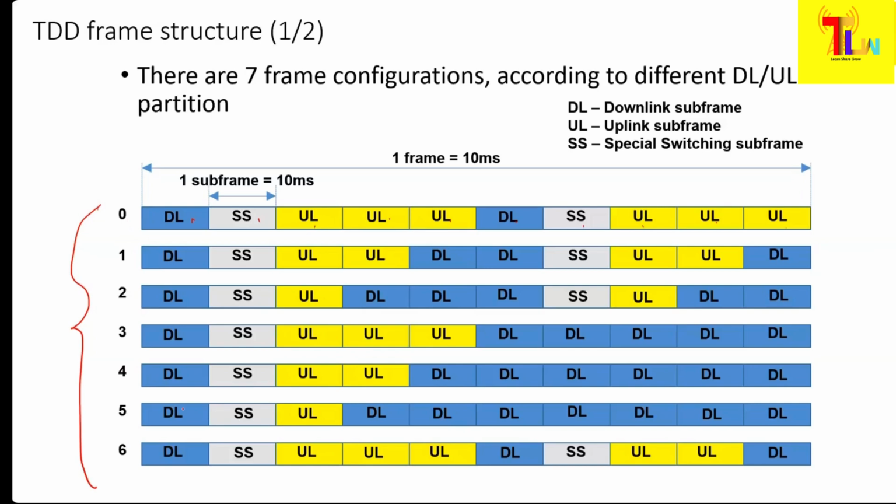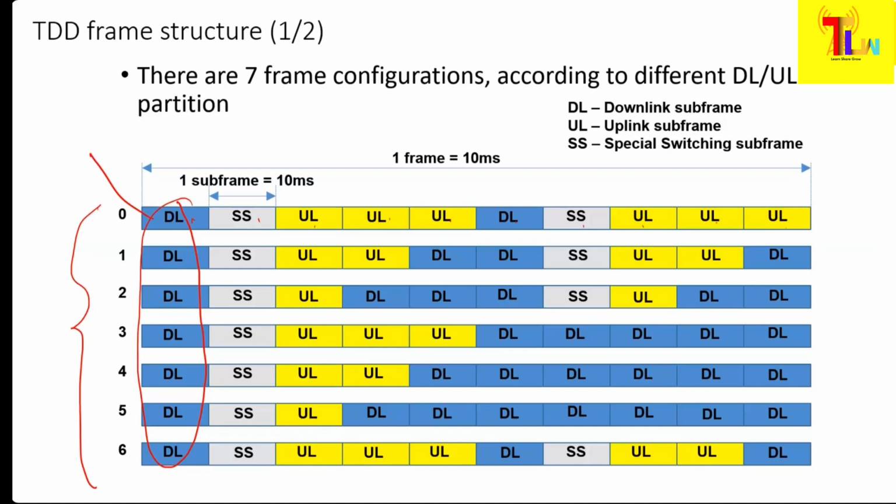First of all, the first subframe will always be downlink. The reason behind it is that without receiving anything for the assignment, or you can say the resource acknowledgement, the UE will not transmit anything without having any grant.